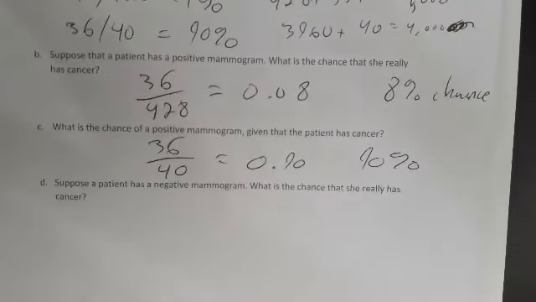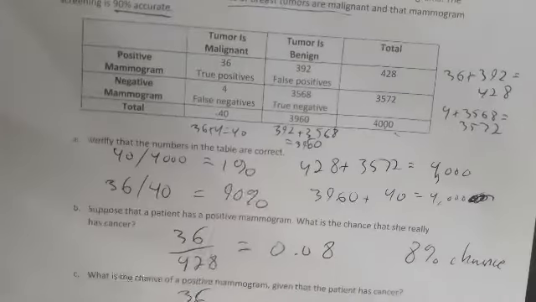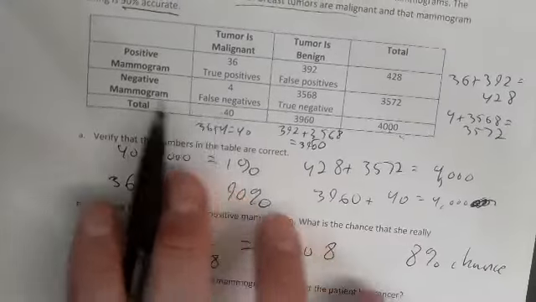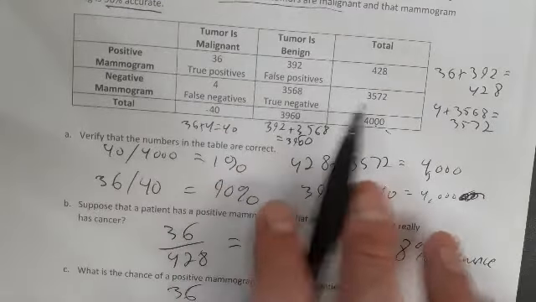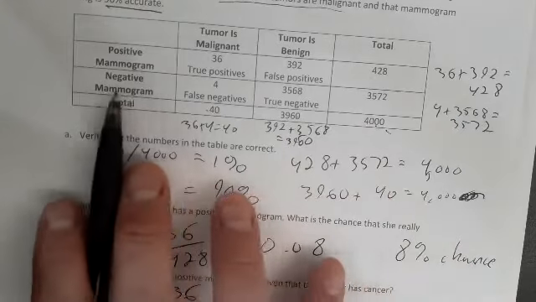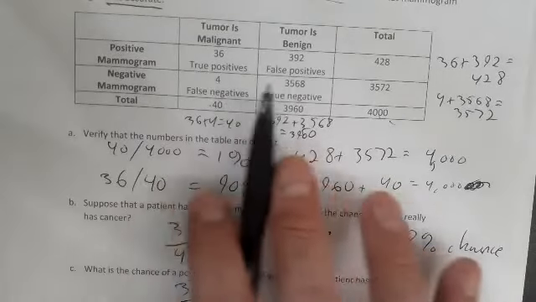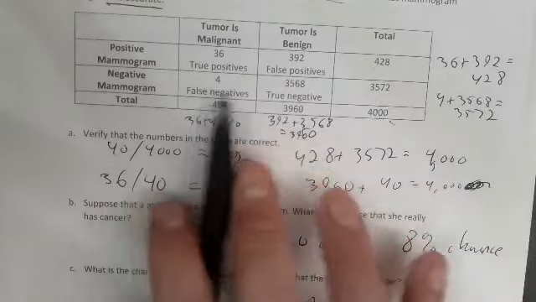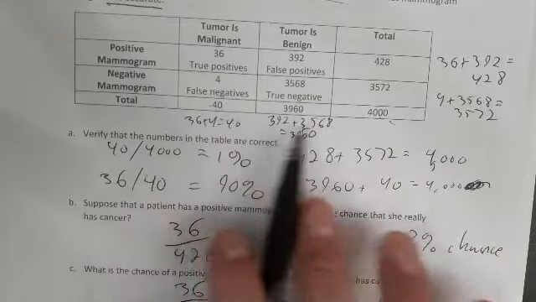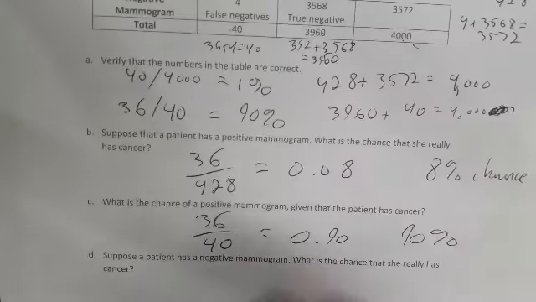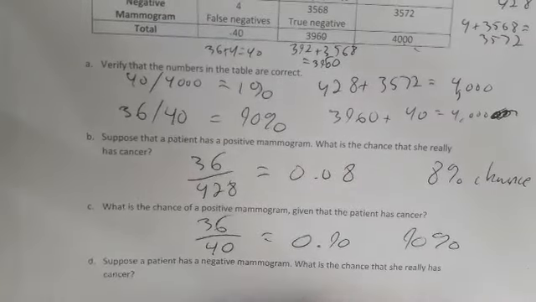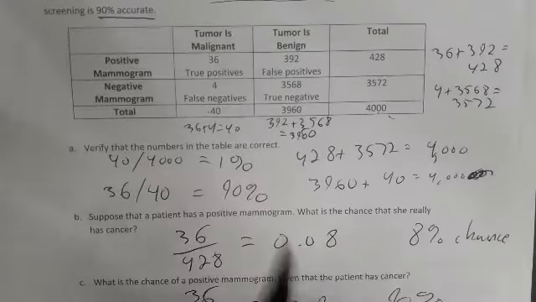So suppose a patient has a negative mammogram. What is the chance that she really has cancer? So if you have a negative mammogram, given that it's negative, now we're looking at this row where it says negative. The total here that we're going to be out of is 3572. So given we are in this row, our total is going to be 3572.